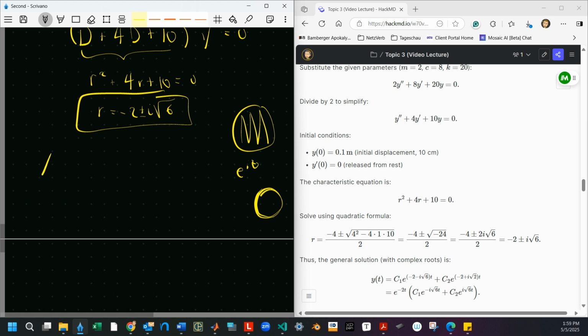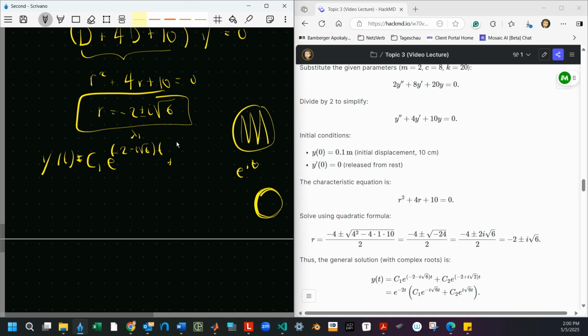So our function then is y of t. Now there is going to be some messy math that I'm not going to write all down here. I computed it ahead of time, but the basic thing is this. We're going to have our two coefficients. Instead of calling them alpha and beta, I call them C1 and C2 in this case. Our two functions: the first one is e to the minus 2 minus i root 6, t. This is lambda 1.